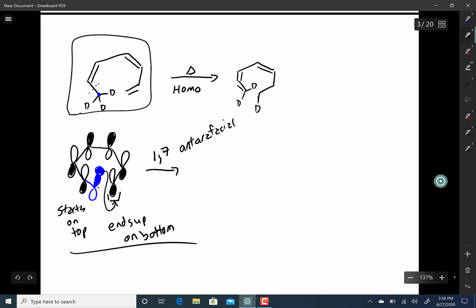And when you have a closed ring, the reaction doesn't work because you can't lift that top p orbital up enough to grab it.